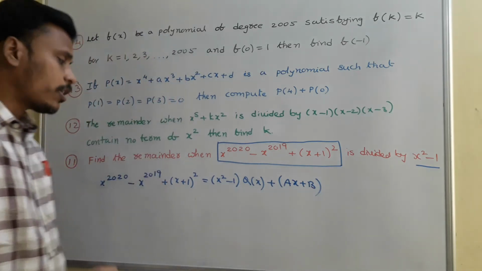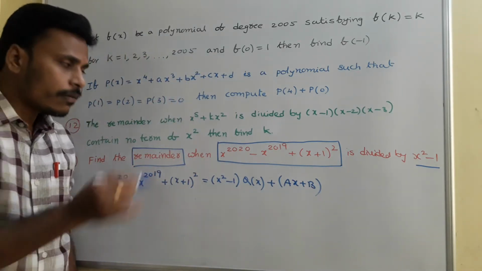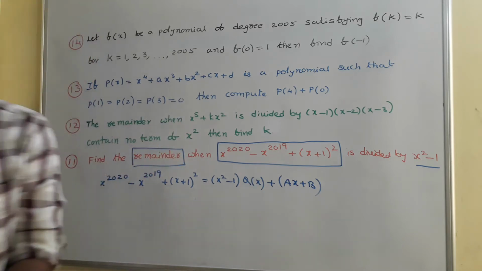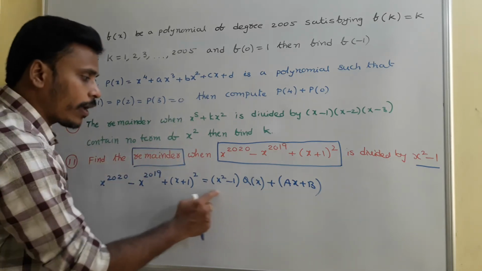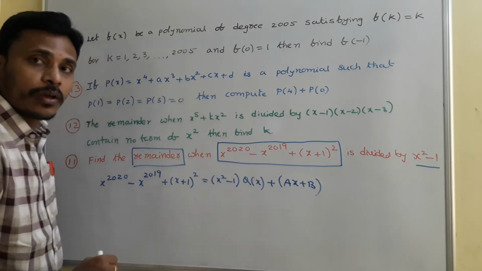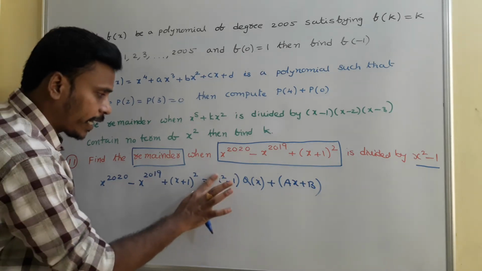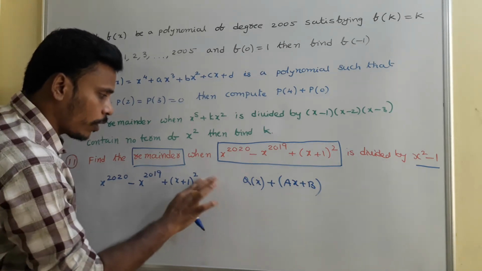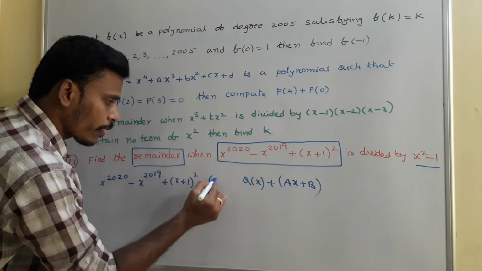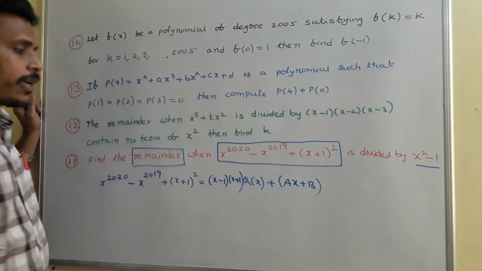The question is asking us to find the remainder, so we need to find a and b. Further, we can rewrite x^2 - 1 as (x - 1)(x + 1). So this is equal to (x - 1)(x + 1)Q(x) + ax + b.